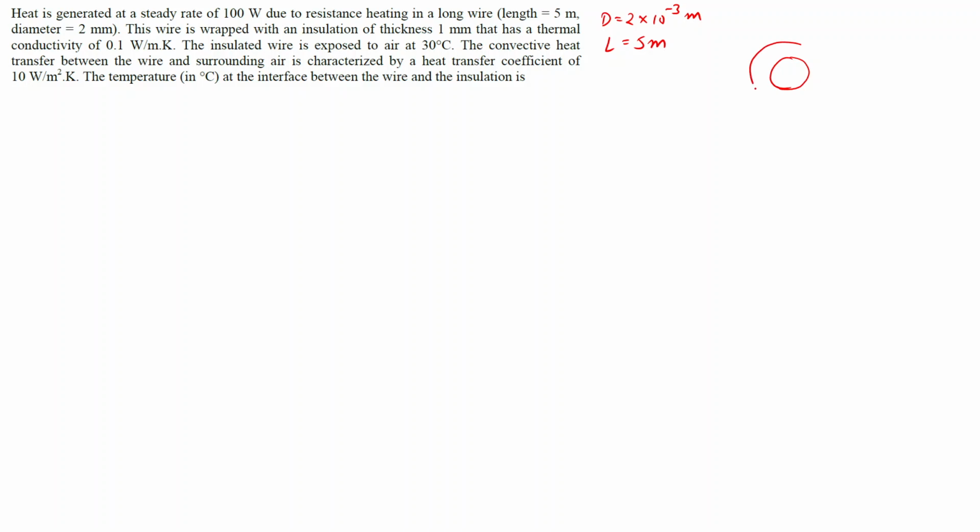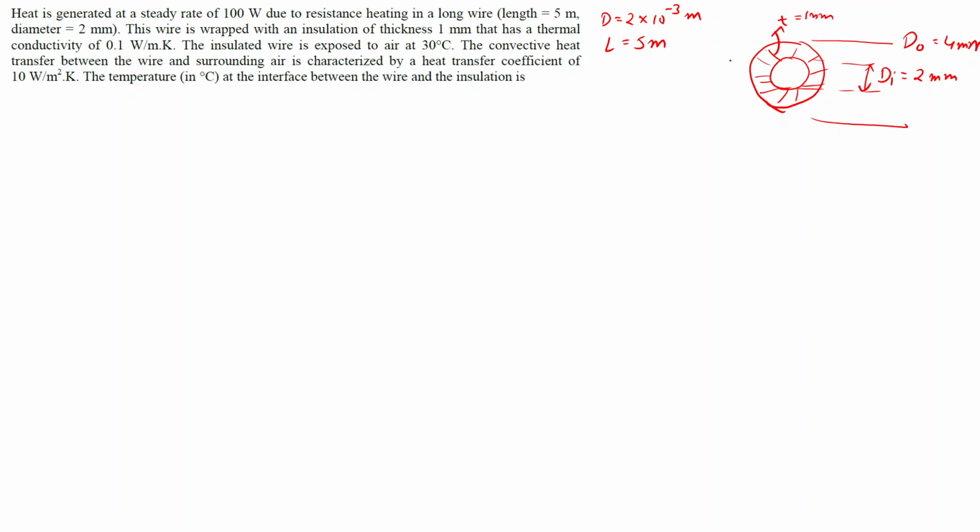So let's consider this as an insulation, and the thickness we have been given as 1 mm. That is, we can write this inner diameter di as 2 mm and outer diameter will become d0 as 4 mm.